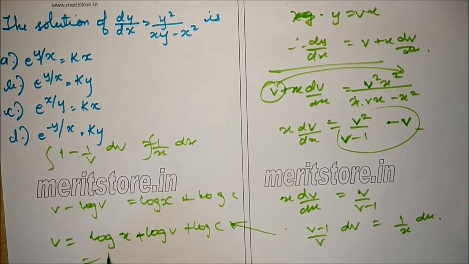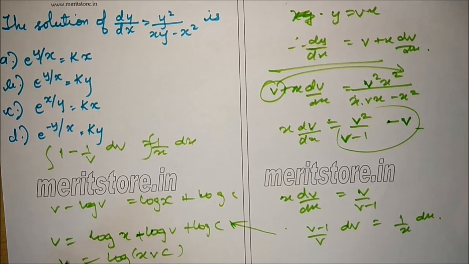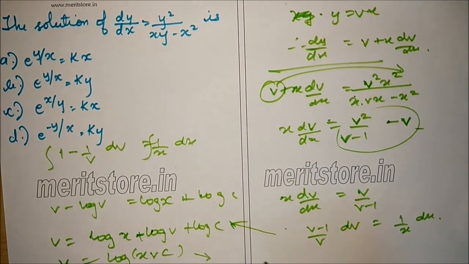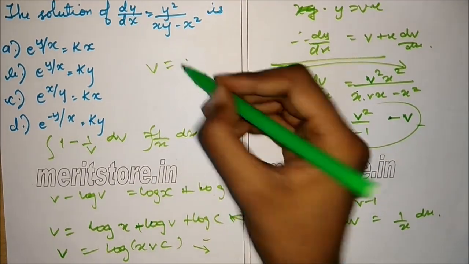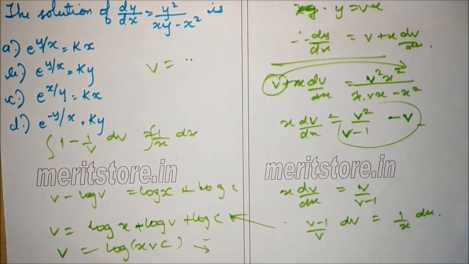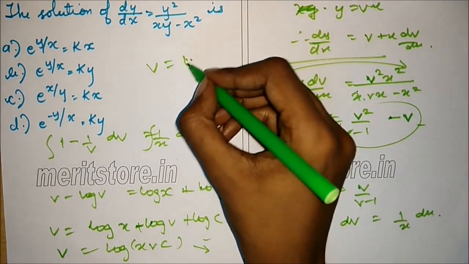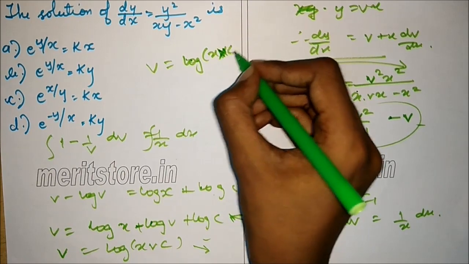By law of logarithm, this will be equal to log of x into v into c.